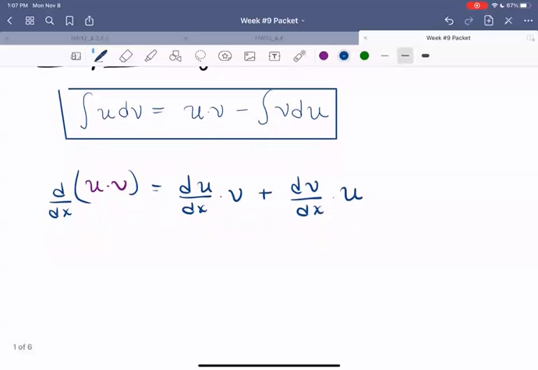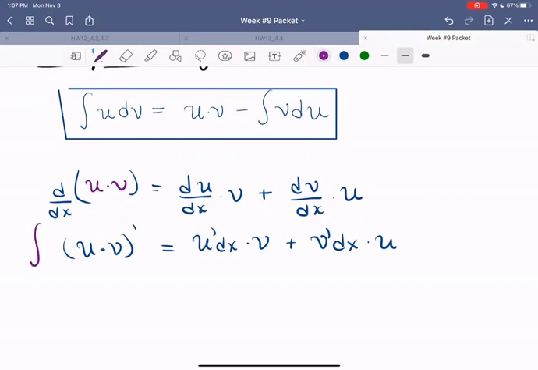So we can write this a slightly different way as the following. We could just have u prime, the derivative with respect to x, times v plus v prime, the derivative with respect to x, times u. This is u times v prime. So now if we want to take the antiderivative or the integral of each side, what do we get?